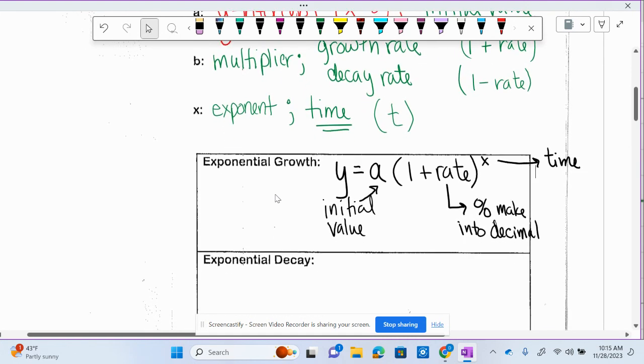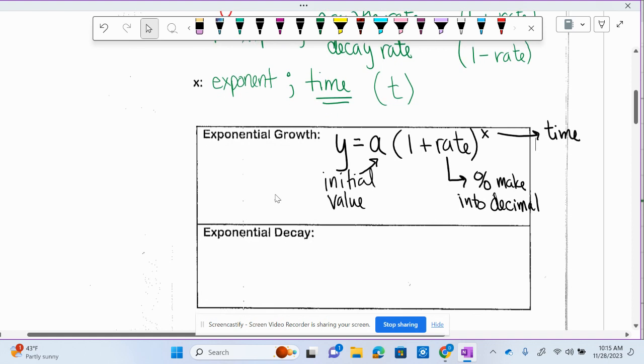How is growth and decay different? What are we doing inside that parenthesis? What is this B value going to do for decay? Well, what did we write up here about decay? Yeah, instead of adding, we're going to subtract the rate. Okay.